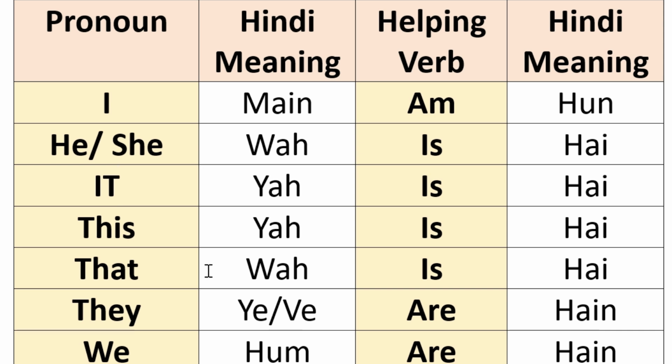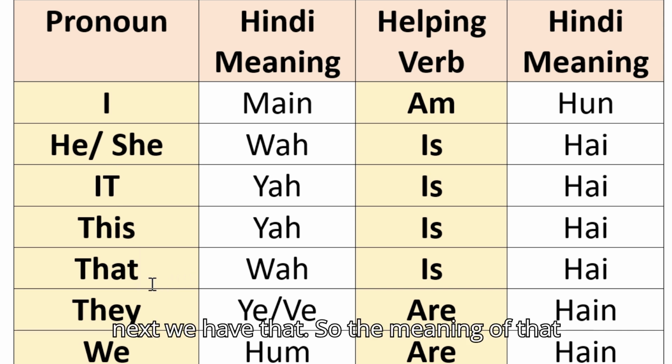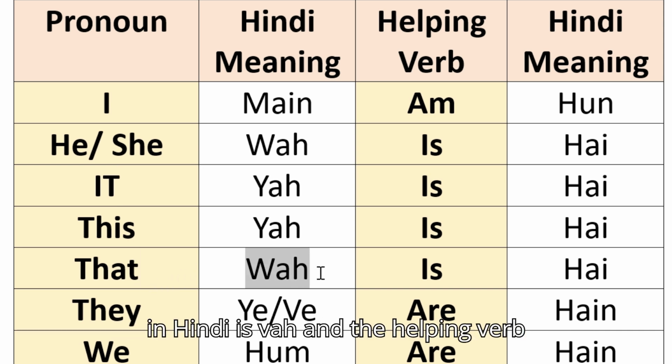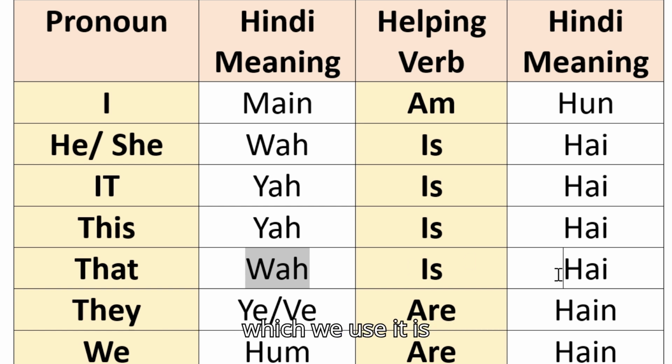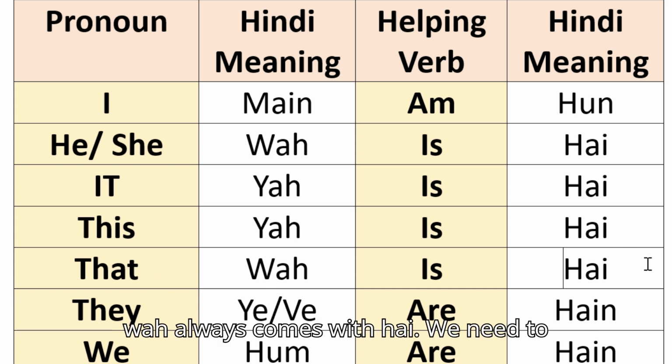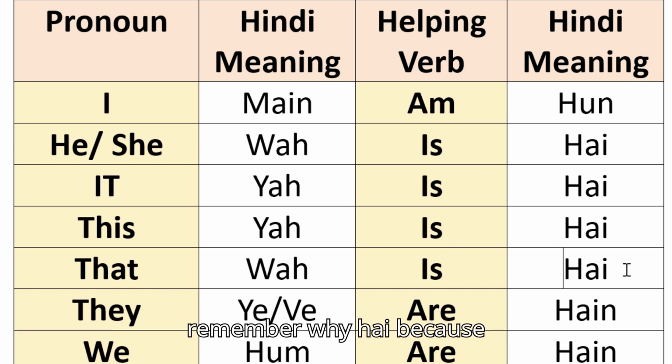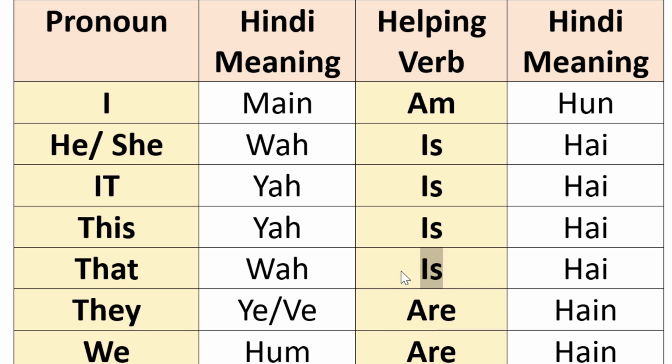Okay. Next, we have that. So the meaning of that in Hindi is वह, and the helping verb which we use is is, and is meaning in Hindi है. So वह always comes with है. We need to remember why है, because is.